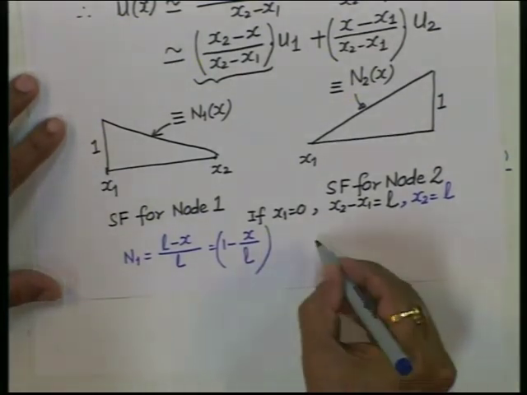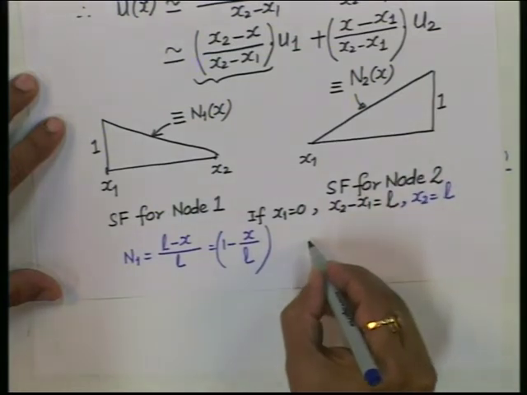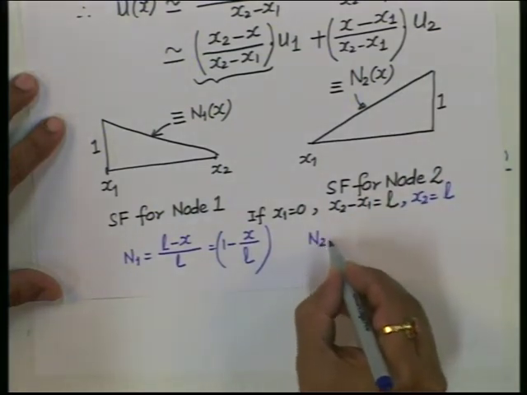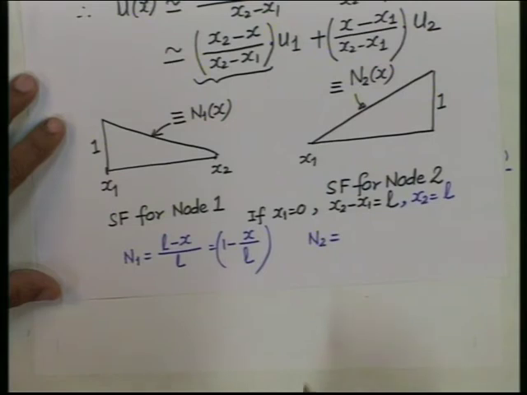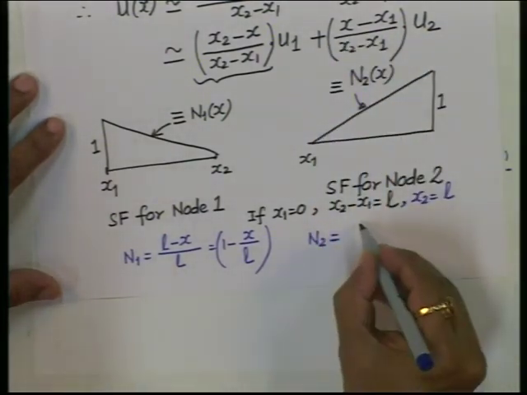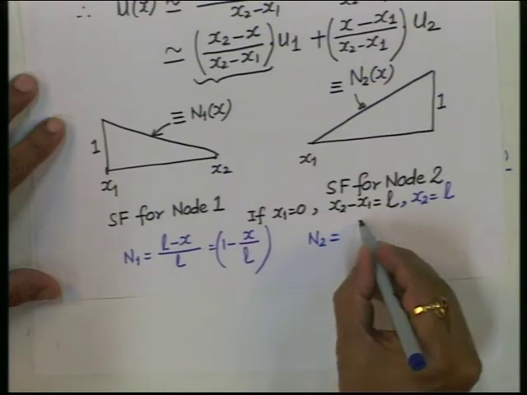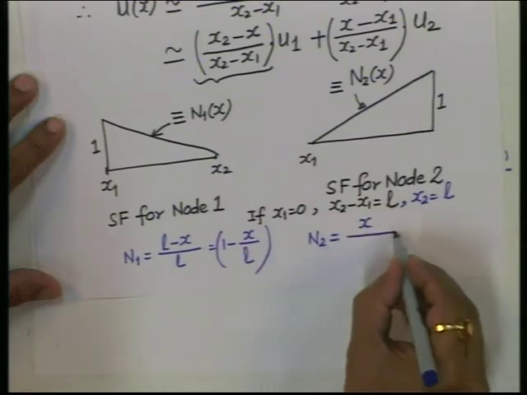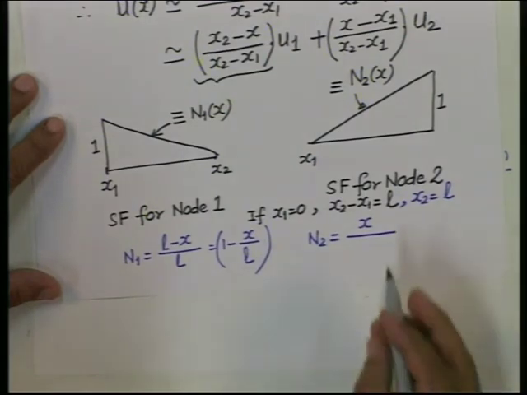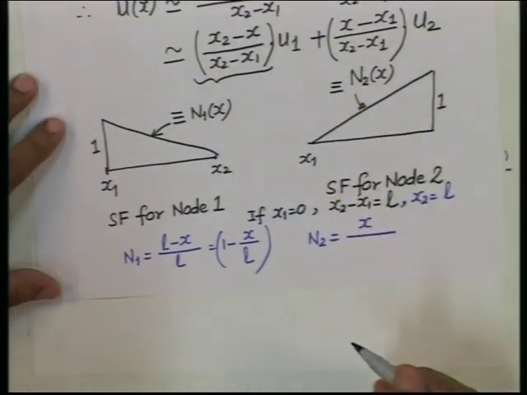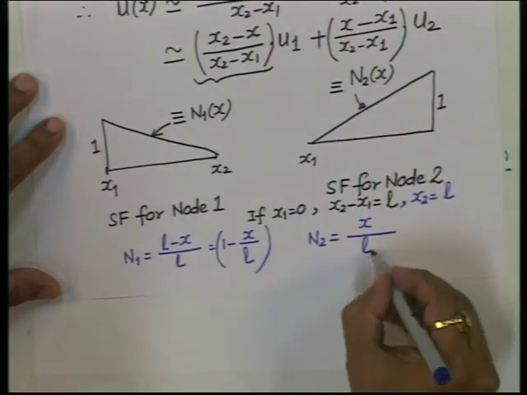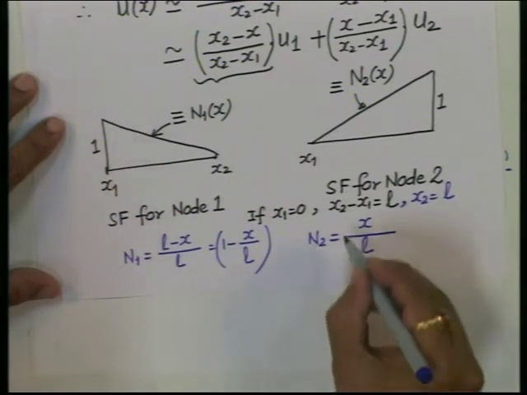So, it is coming. Similarly, here N2 is x minus x1, which is 0, so it is x divided by x2 minus x1. So, x2 is how much? L. So, yesterday also I gave you this.